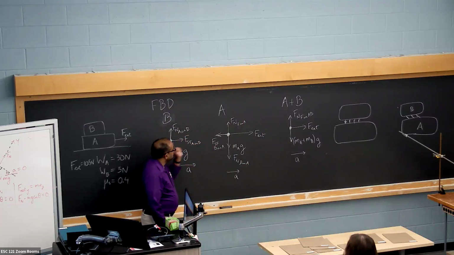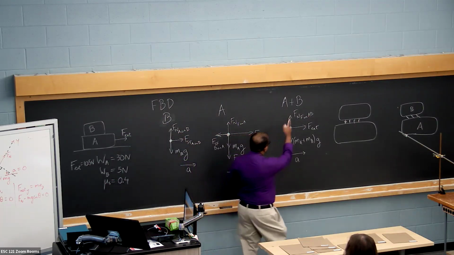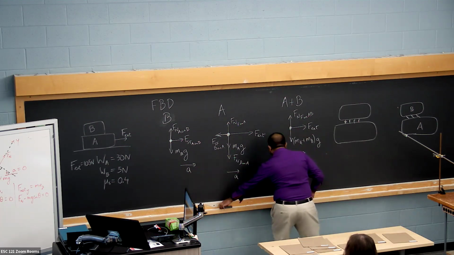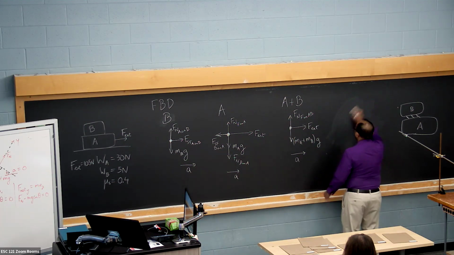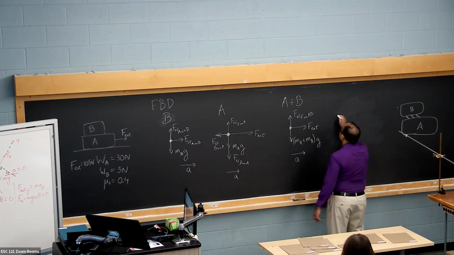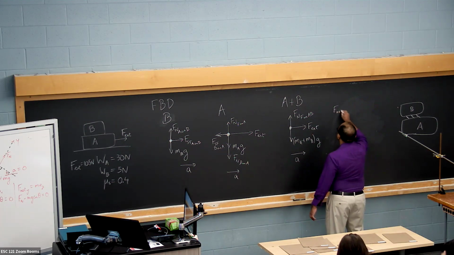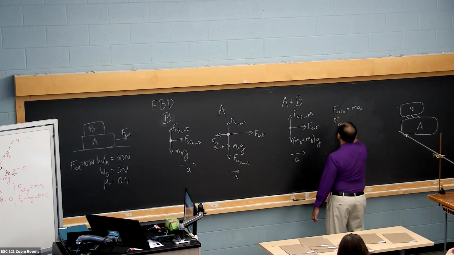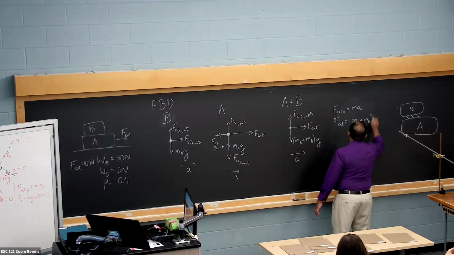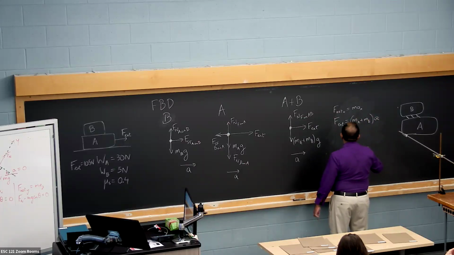All right, so once we have the diagrams, what's our next step? Equations, Newton's second law, that's right. We can start with the overall diagram, and we're really just concerned with the x direction. So F net x equals m a x, and so I have F external equals (mass of A plus mass of B) times a.